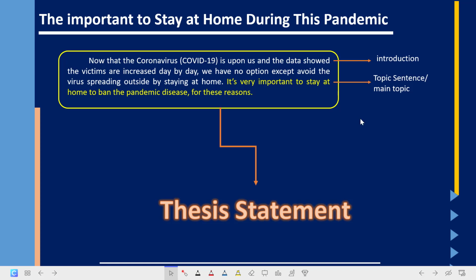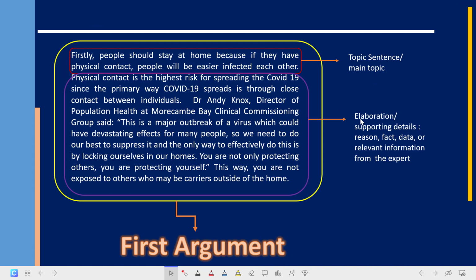The next paragraph will be the first argument. Okay, here we have the main topic. Firstly, people should stay at home because if they have physical contact, people will more easily infect each other. So it is the main topic, and when we write an analytical exposition, you have to support your main topic by elaborating, giving the supporting details.